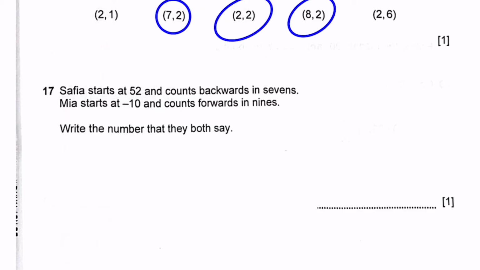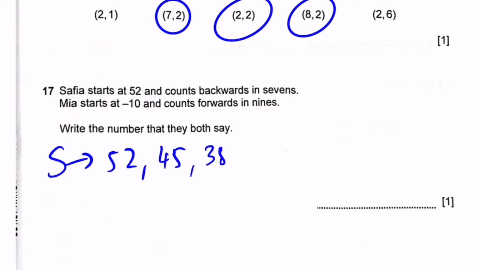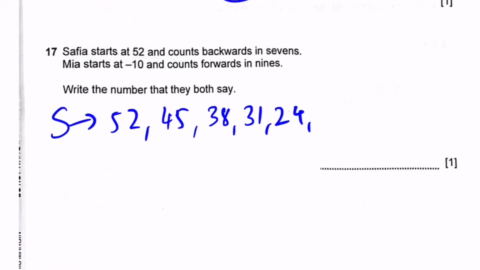Question 17. Safia starts at 52 and counts backwards in 7s. Mia starts with -10 and counts forward in 9s. Write the number that they both say. So for Safia, you start from 52 and count backwards in 7s. So minus 7: 45, 38, 31, 24, and then you go to 17, and then 10, and so on.